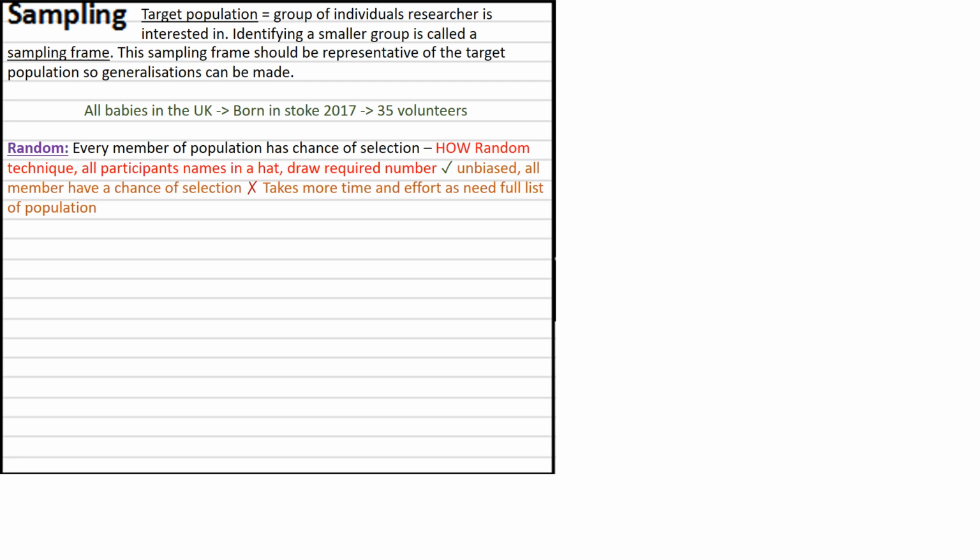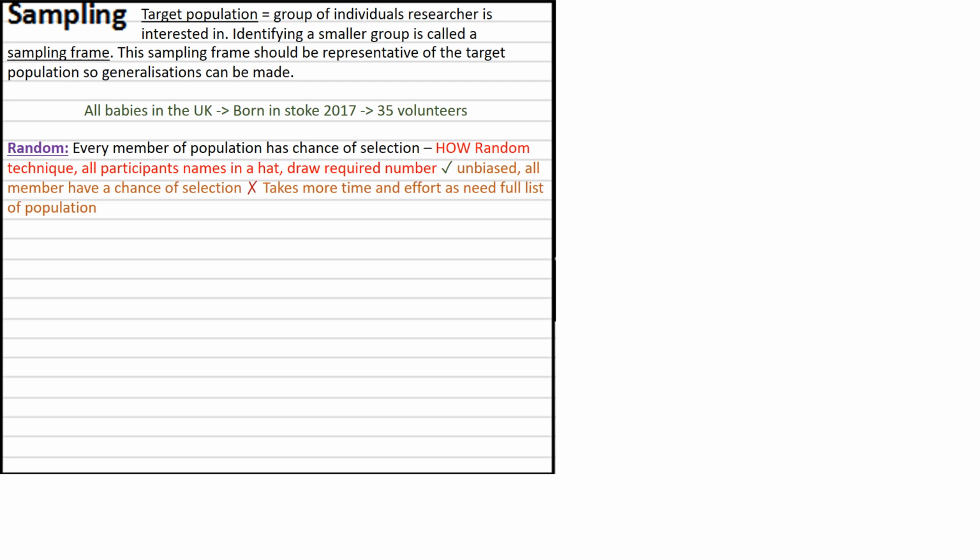So what's good about this? Well, if you're drawing people as best you can at random, it's not you making the decision about who's in the study, or even them. So that means your sample should be unbiased. Everybody has an equal chance of selection, therefore your data shouldn't skew in one way without you meaning it to.